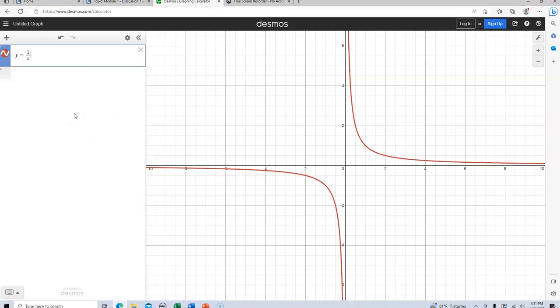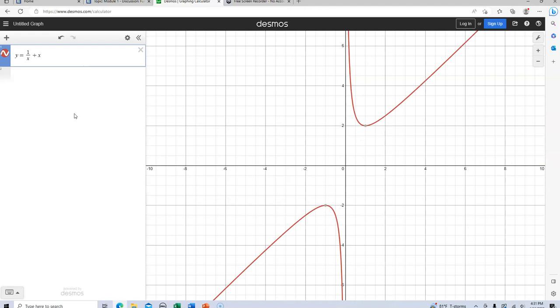However, when I add x here, the fact that I have a minimum value on this side of positive 2 and a minimum value on this side of the vertical axis of minus 2 does not represent an asymptotic relationship. It is just minimum values, or local minimum values, on this side of the function and this side of the function.